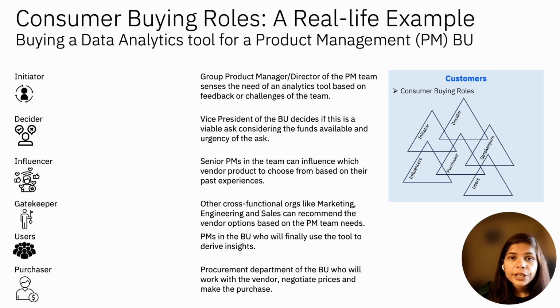So, based on their requirements, based on their needs, they will give inputs on what features are a must to have in that data analytics product or tool. They can also optionally mention some of the names of the products or tools they have used in the past or which they think could be a good fit here.